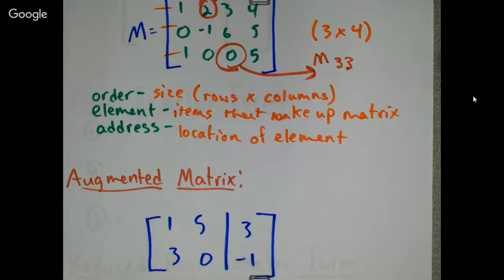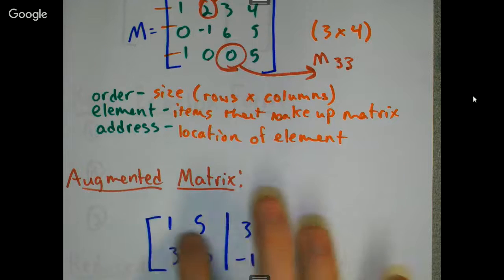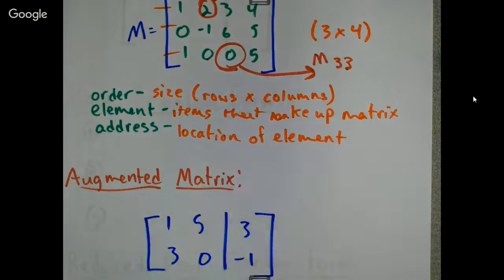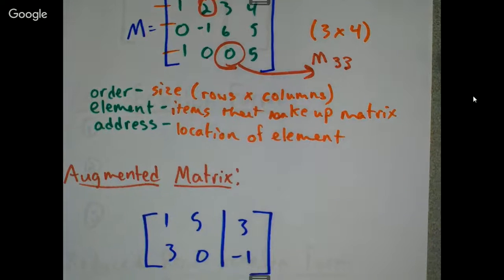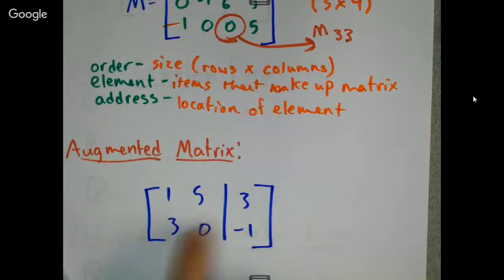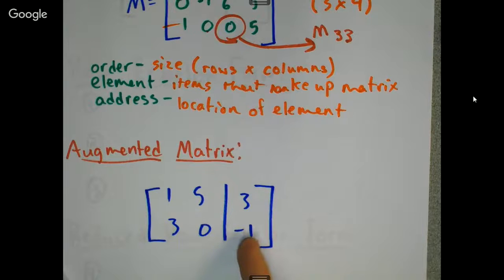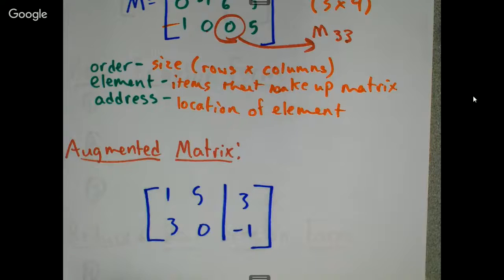And there are a couple properties that we want to know about an augmented matrix, and they are that each row represents an equation. Okay, like in a system, it would be 2 equations. Each column, okay, represents a different variable. So these might be x's, these might be y's, and these would be your constants, which are on the other side of your equal sign.